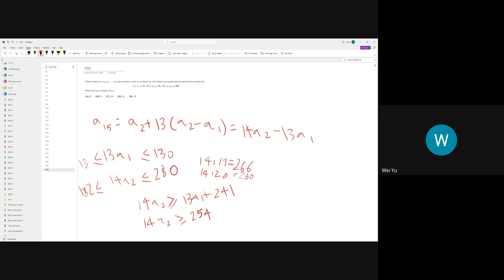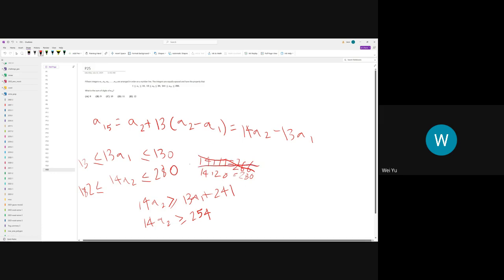So then let's calculate A1. So in the first one, if A1 is 1, then we get 253, which is too much. If A1 is 2, then we get 240, which is too little. And then it's just going to keep getting smaller. So the first one is impossible.